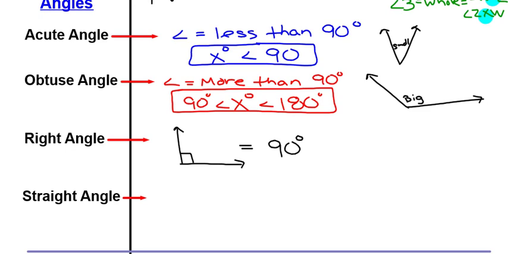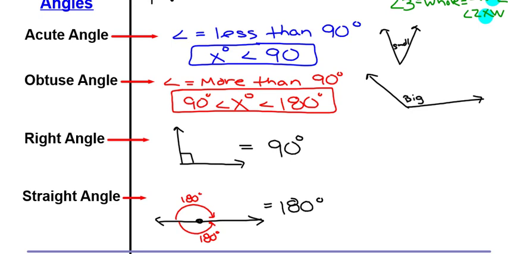The straight angle is always equal to 180 degrees. The straight angle is this guy right here. It's 180 degrees on the top and 180 degrees on the bottom.